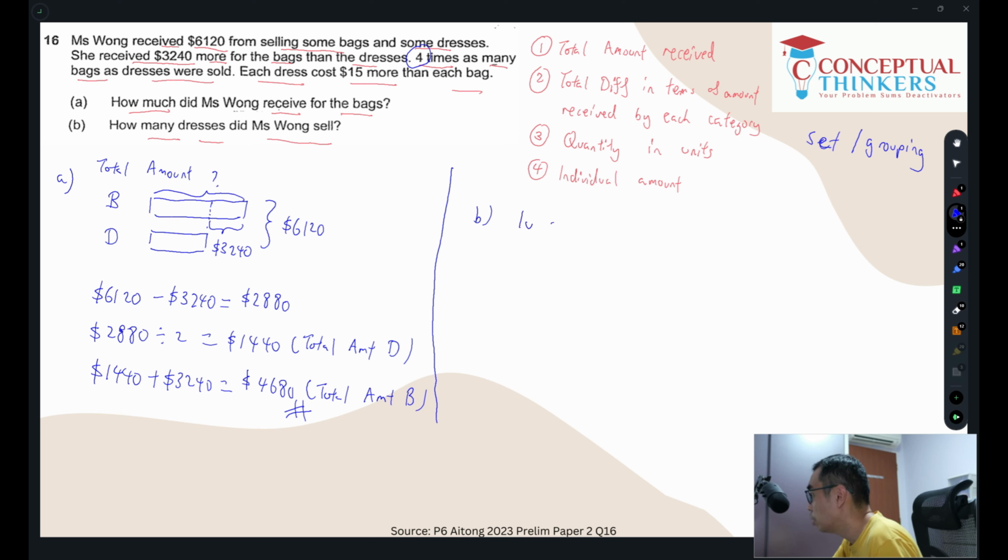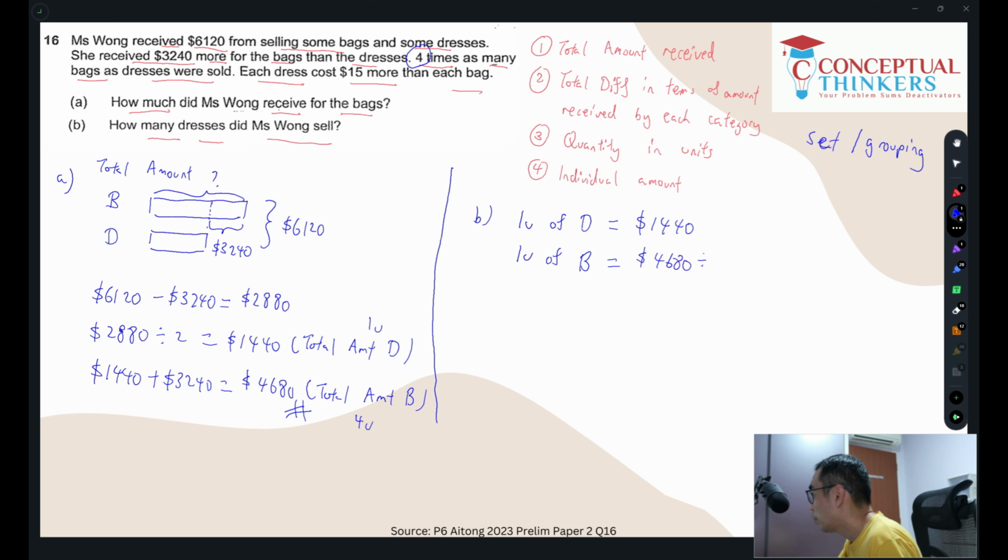So 1 unit of dress, the amount will be exactly $1,440. But if you look at 1 unit of bags, the amount of money here is based on 4 units. This is actually 4 units, so this is actually 1 unit. So we need to divide by 4.